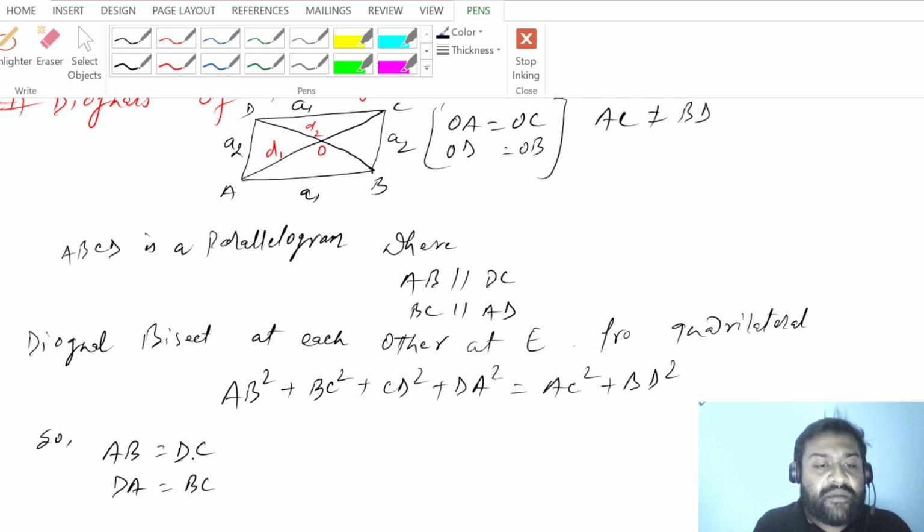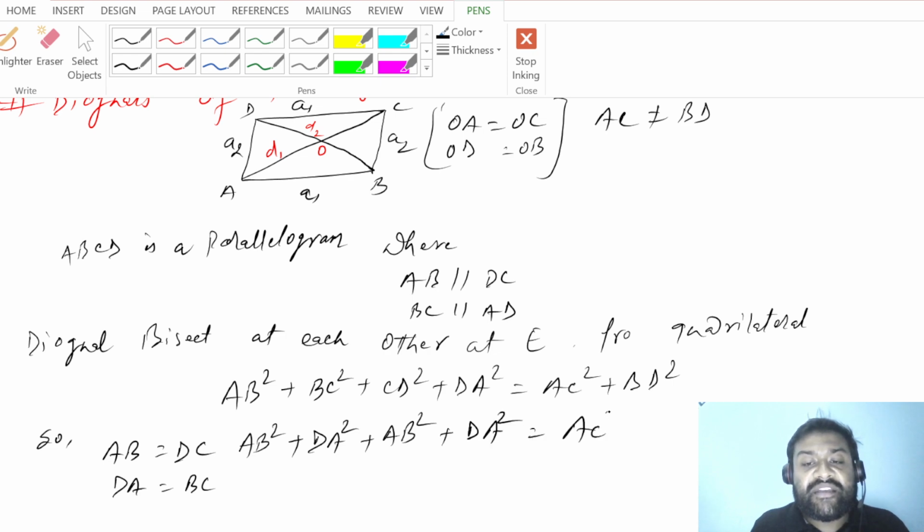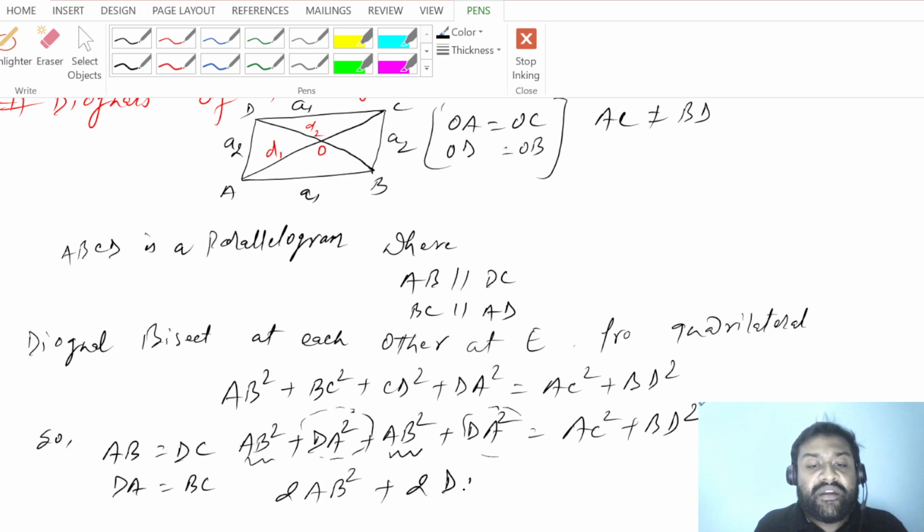Okay, in place of CD we will write AB, and in place of BC we will write DA. So AB squared plus AB squared plus DA squared plus DA squared is equal to AC squared plus BD squared. Now, that will be 2 AB squared plus 2 DA squared is equal to AC squared plus BD squared. Okay, this we have.